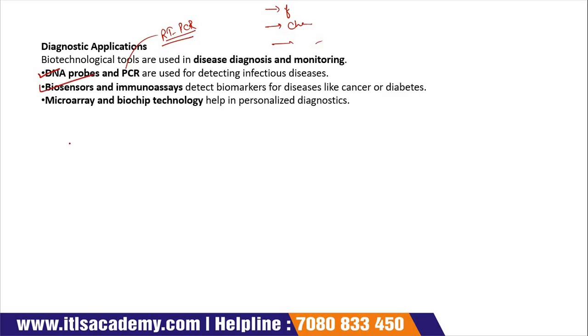Biosensors and immunoassays detect biomarkers for diseases like cancer and diabetes. Microarray and biochip technology play a most important role in personalized diagnostics. Microchips play a most important role in finding out gene expression. Okay.